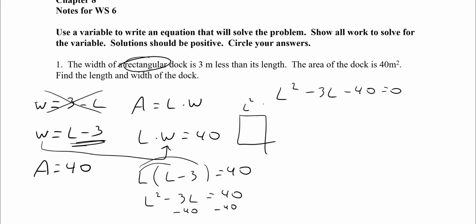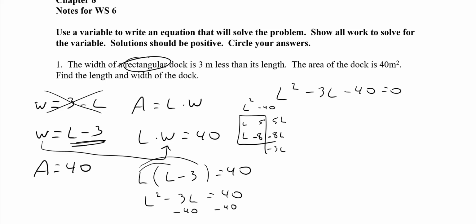Then you're going to do a nice little factor box. L squared, negative 40, negative 3L, and then L and L, and then negative 40. Think of what numbers multiply to give you 40. There are several, but a very common one is 5 times 8. If I do a 5 here and an 8 here, I get 5L and 8L, and it's negative, so this should be a negative 8L.